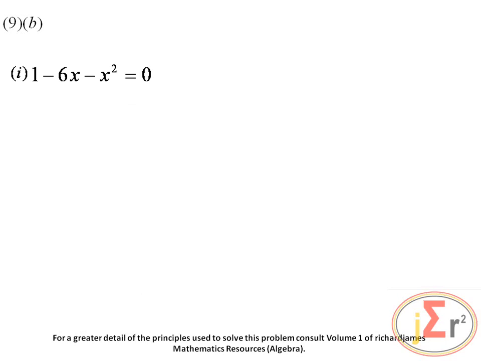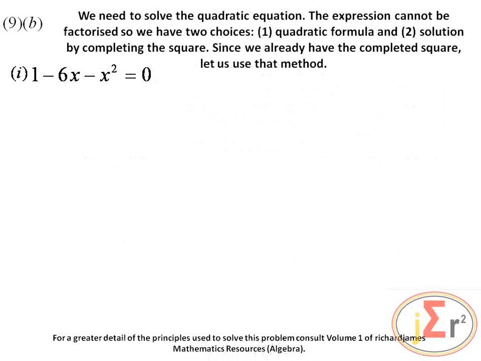Finally, for this part of the problem, we need to solve that quadratic equation. The expression cannot be factorized, so we have two choices. One, use the quadratic formula, or we may solve by completing the square.